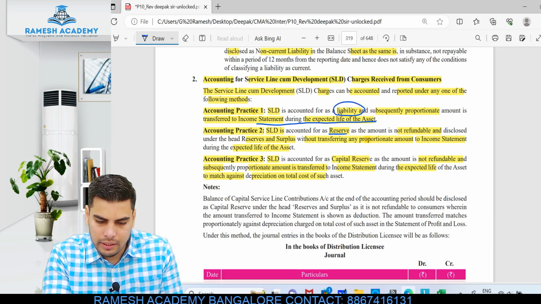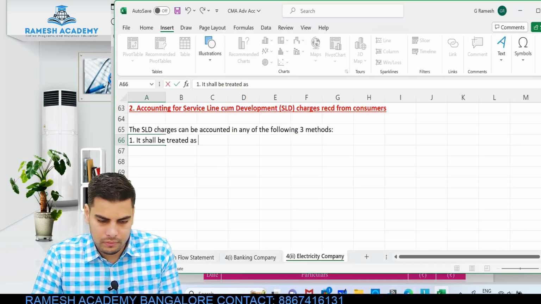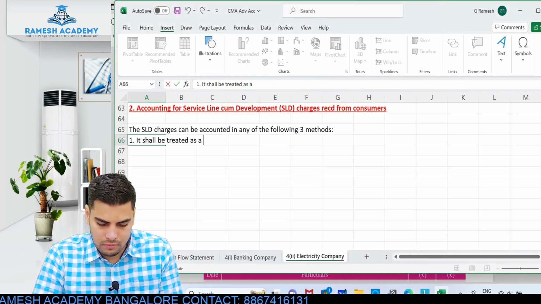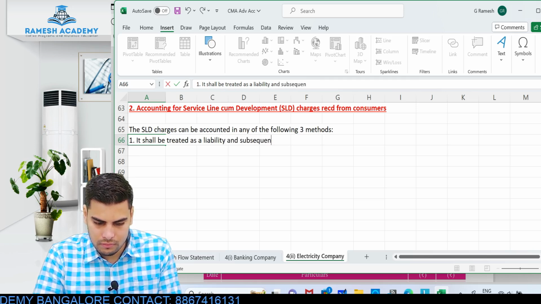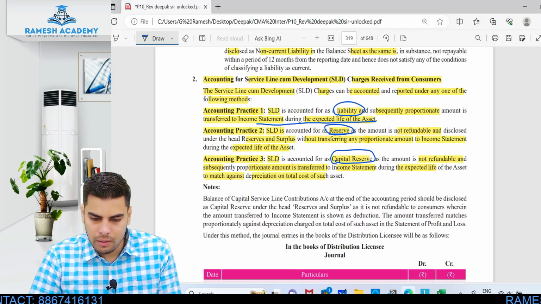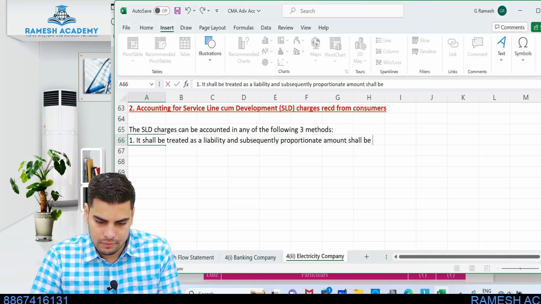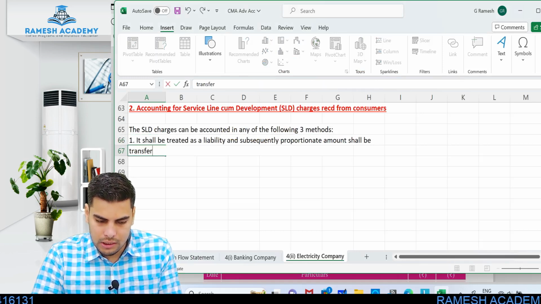Second case, it is treated as reserve. Third case, it is treated as a capital reserve. Subsequently a proportionate amount is transferred to the income statement.